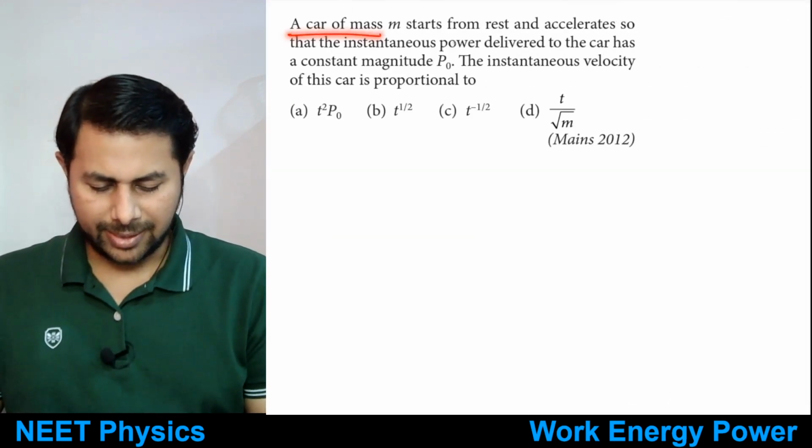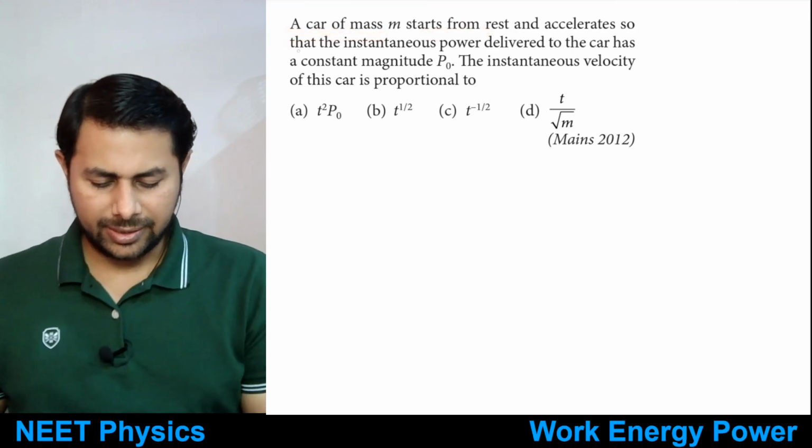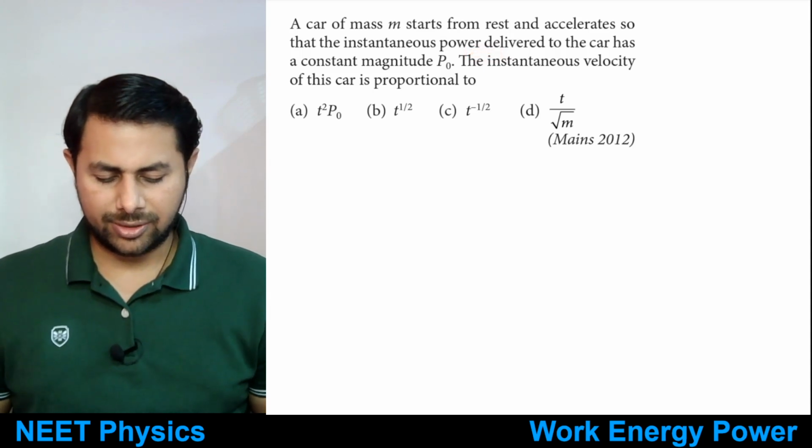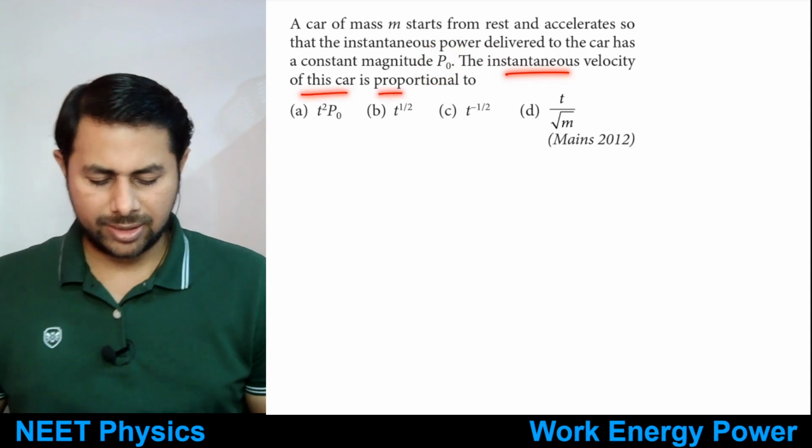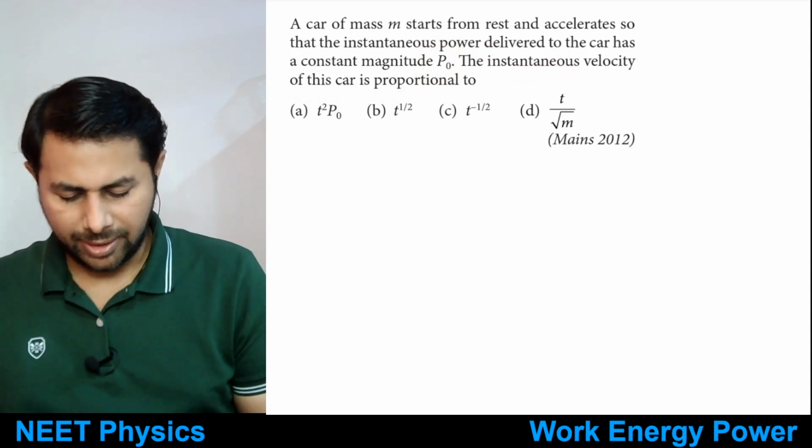A car of mass m starts from rest and accelerates so that the instantaneous power delivered to the car has a constant magnitude p0. The instantaneous velocity of this car is proportional to, okay, tell me.